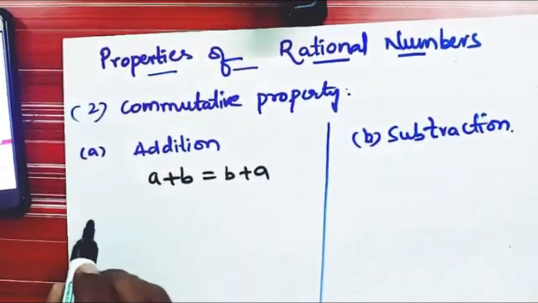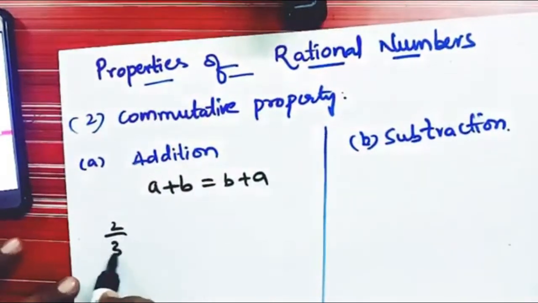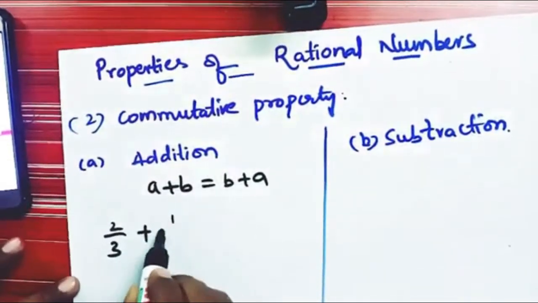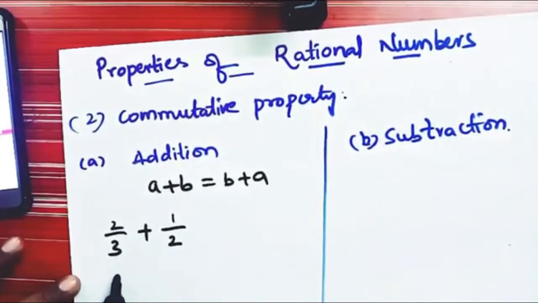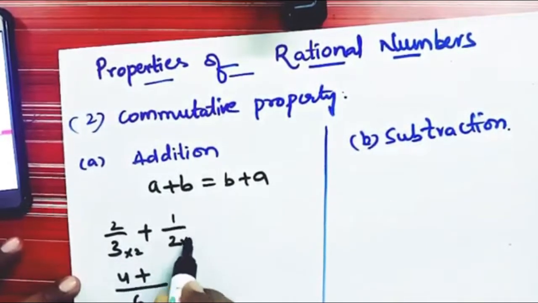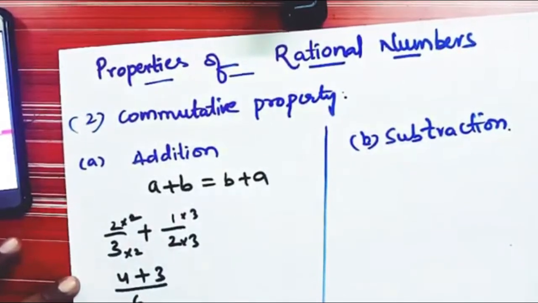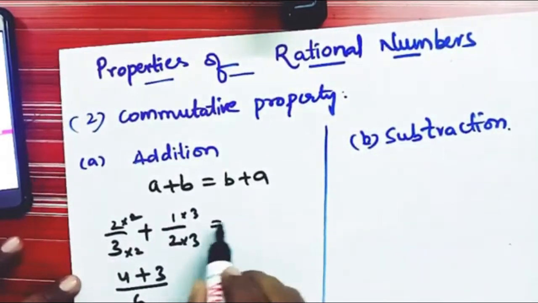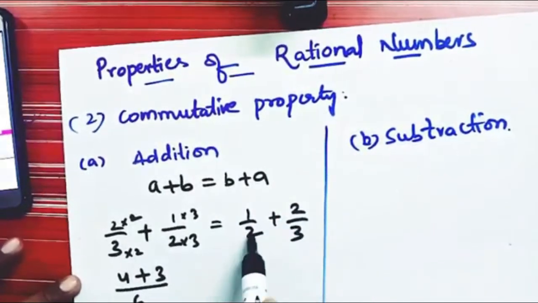Let's take an example. A value we are taking 2 by 3 plus b value we are taking 1 by 2. The LCM of these two numbers we will get 6. Then 3 twos are 6, then 2 twos are 4 plus 2 times 3 is 6, 10 by 6. That answer will become 7 by 6. Now if we are taking 1 by 2 plus 2 by 3, here I am changing the order of these numbers.